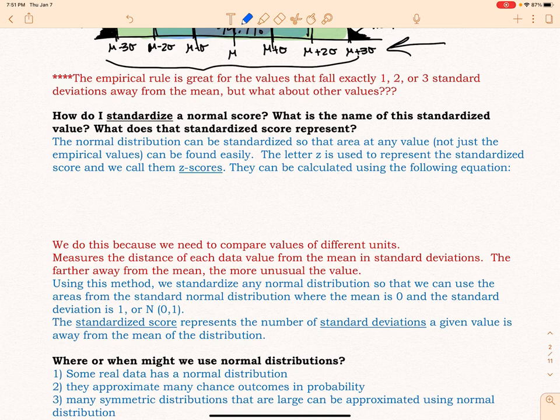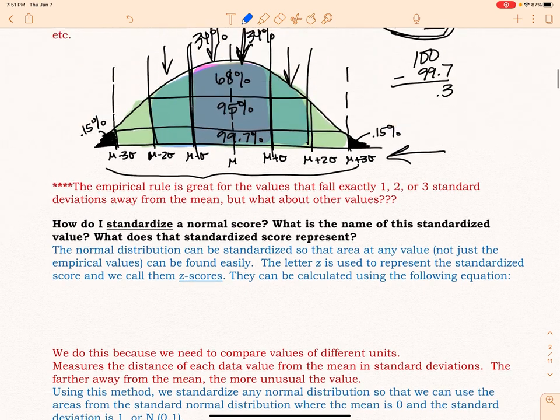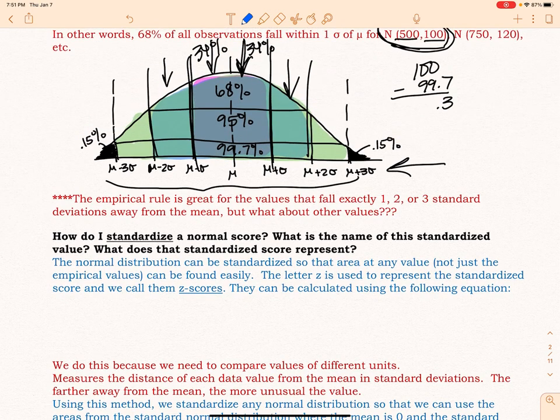So the first thing is I want to go back to the empirical rule and look at this idea that if I have my mean and my standard deviation, then I can calculate this value at 1 standard deviation, 2 or 3 above the mean, and then these are 1, 2, and 3 standard deviations below the mean.